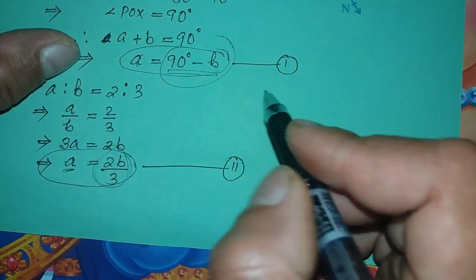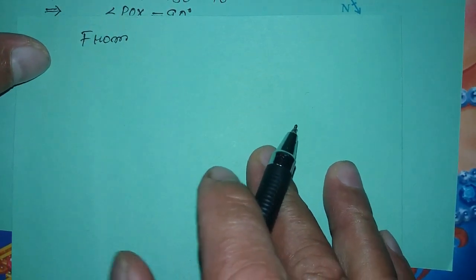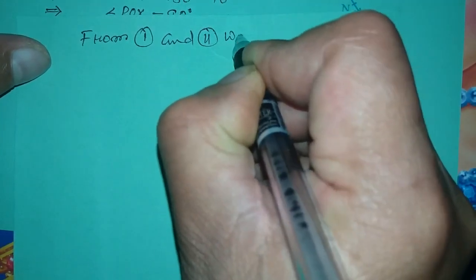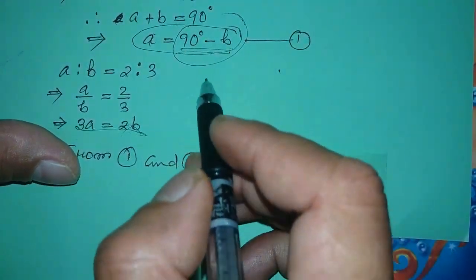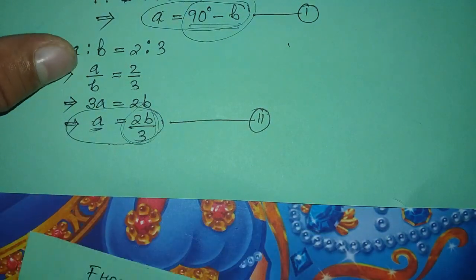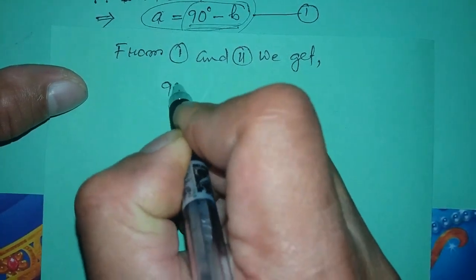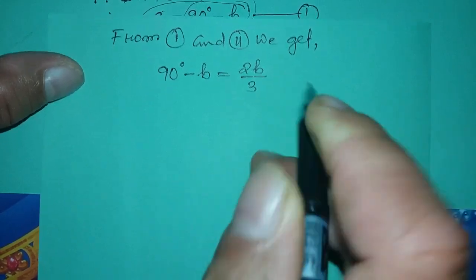So we can say from 1 and 2 we get 90 degree minus B is equal to 2B by 3.